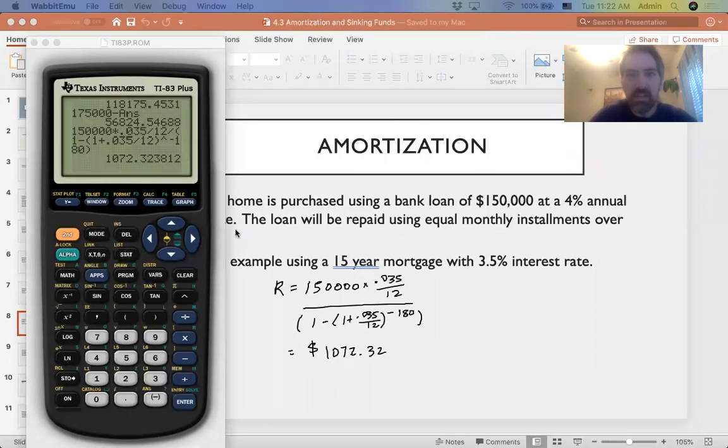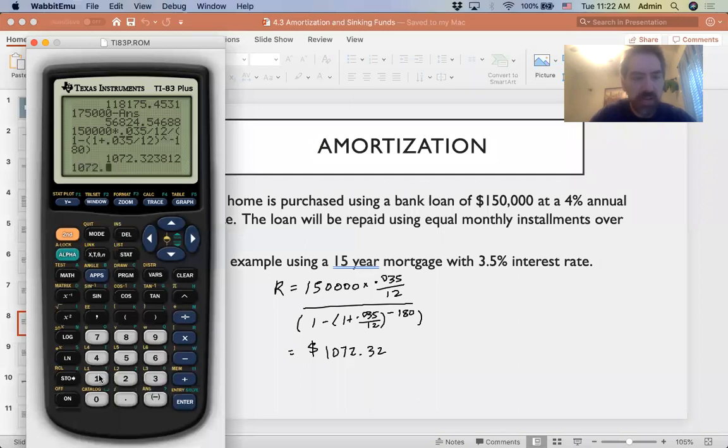So we can take $1,072.32 multiplied by 180. That's how many times we're making that payment. That gives us a number of $193,017.60.